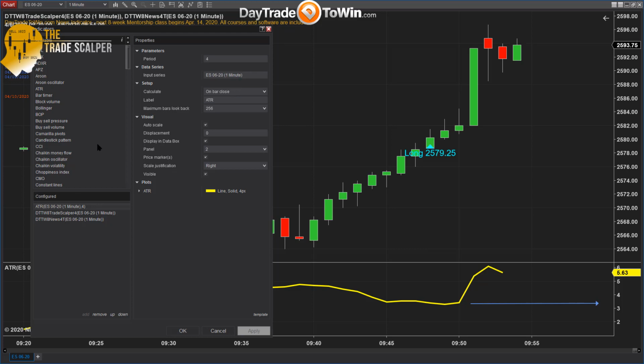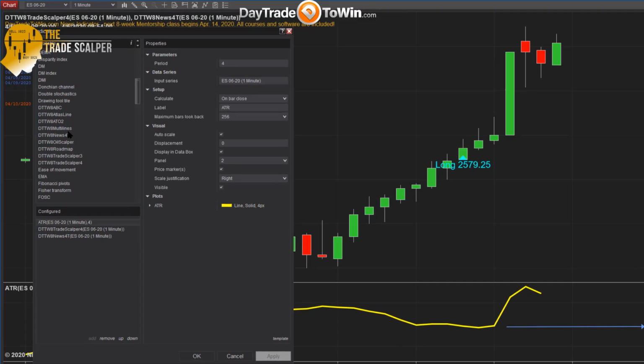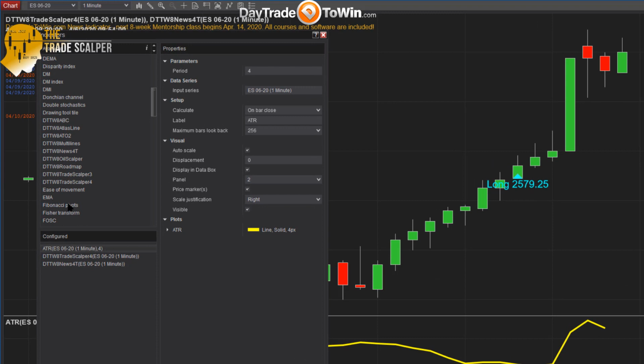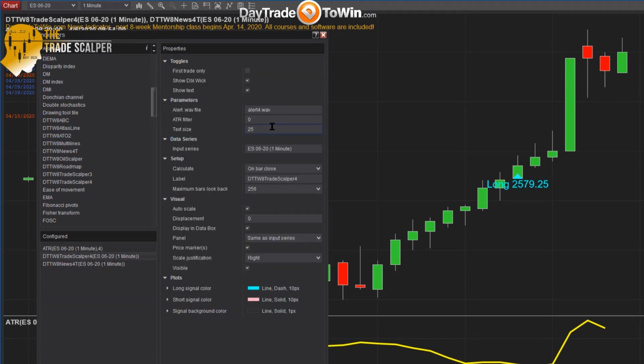I'm using one of the Day Trade to Win methods here, which are all based on pricing and time. They don't have any optimization. By the way, if you look at the Trade Scalper back end, there's no setting for a value.